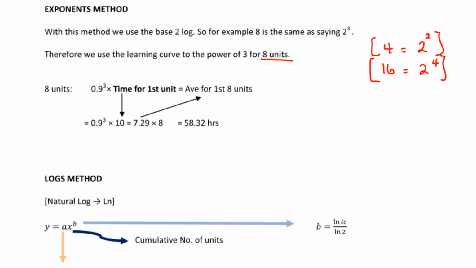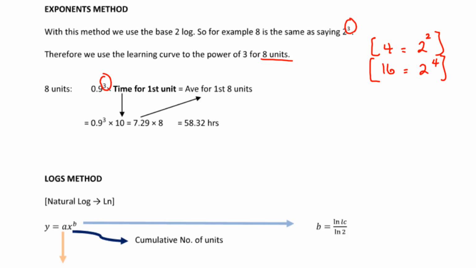So I take my learning rate of 0.9 and I use the 3.